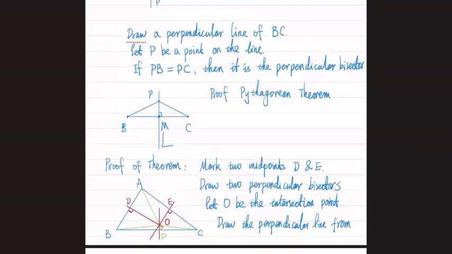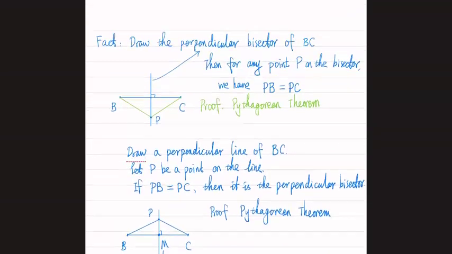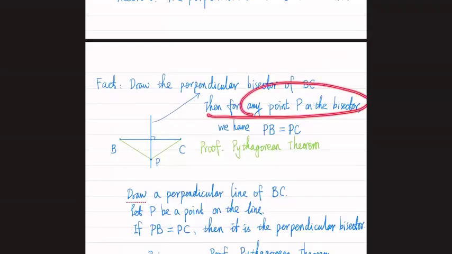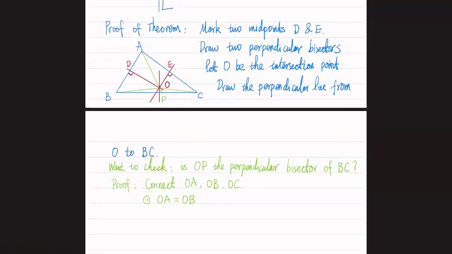Because this is perpendicular and they're bisectors. Yeah, because this is the perpendicular bisector, and for any point on the bisector, the distances to the two vertices are the same. So this is the perpendicular bisector, and O is a point on the perpendicular bisector. The distances are the same. Okay, so we checked.